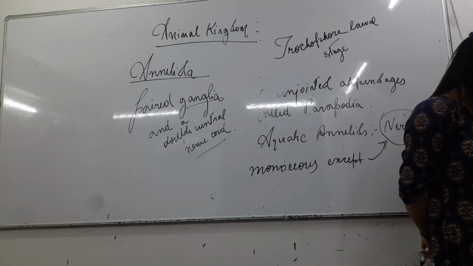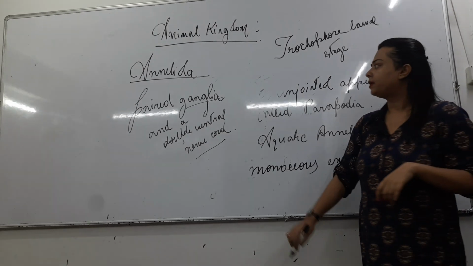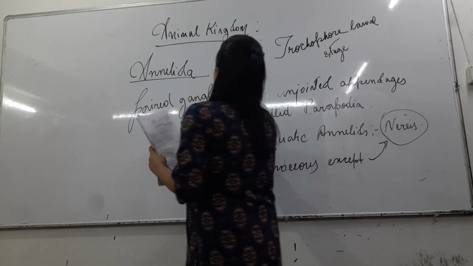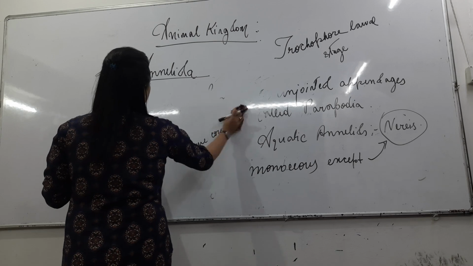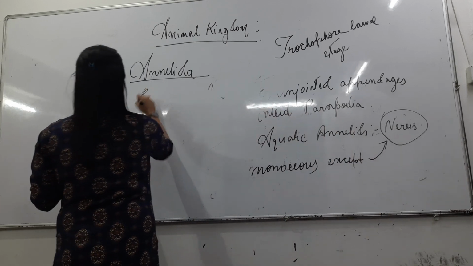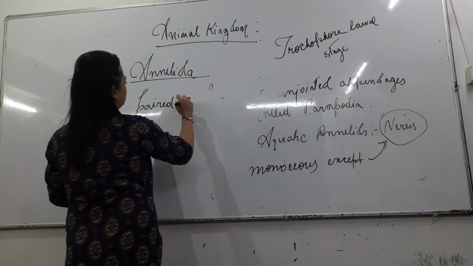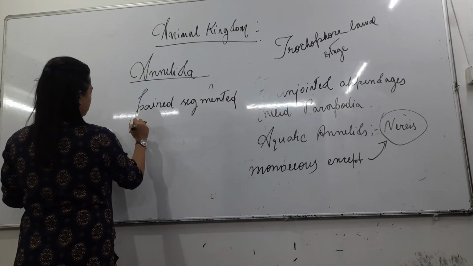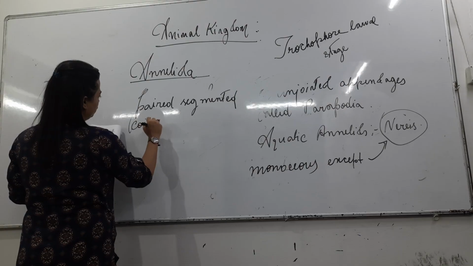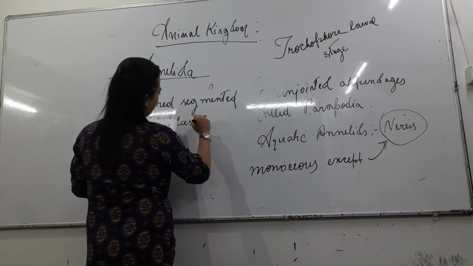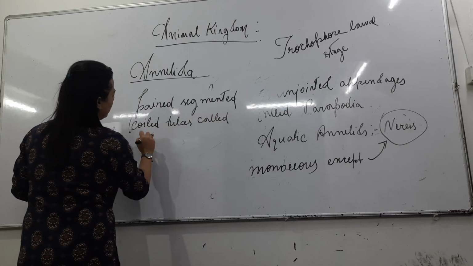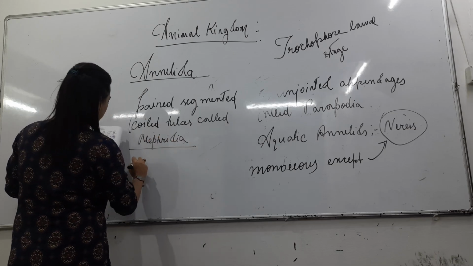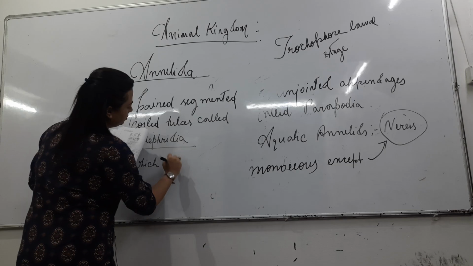Excretory system consists of paired segmented coiled tubes called nephridia. So this is the excretory organ which also helps in osmoregulation.